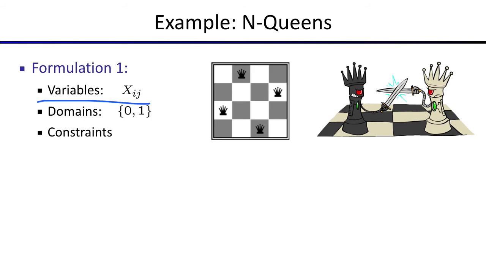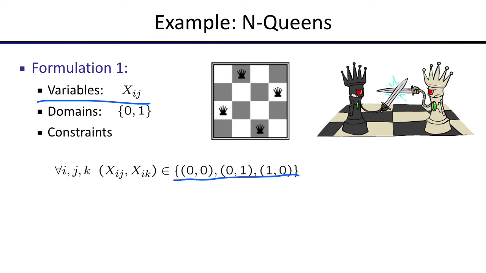So here's one way to do that with explicit constraints. For all i, j, k that define actual positions on the board, every two that are in the same row, so they have the same i, but j and k, their horizontal position, is different, the pair of values comes from the set (0,0), (0,1), or (1,0).